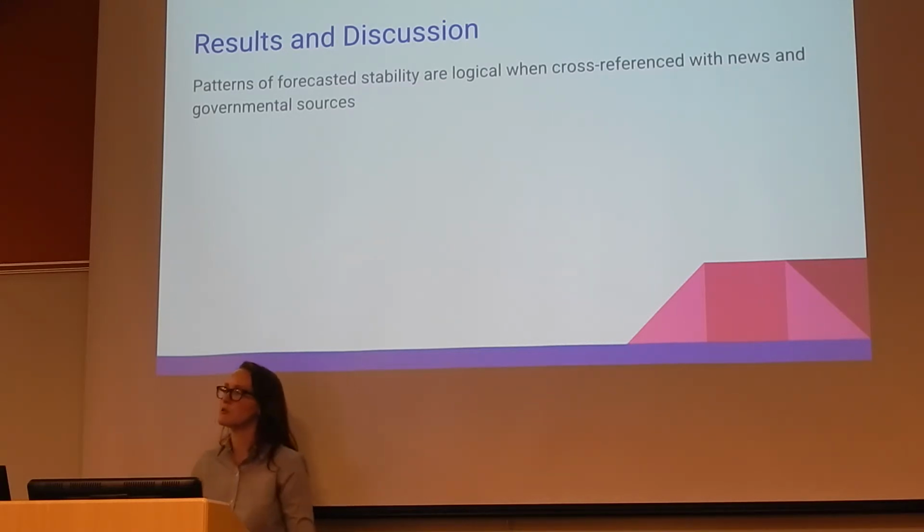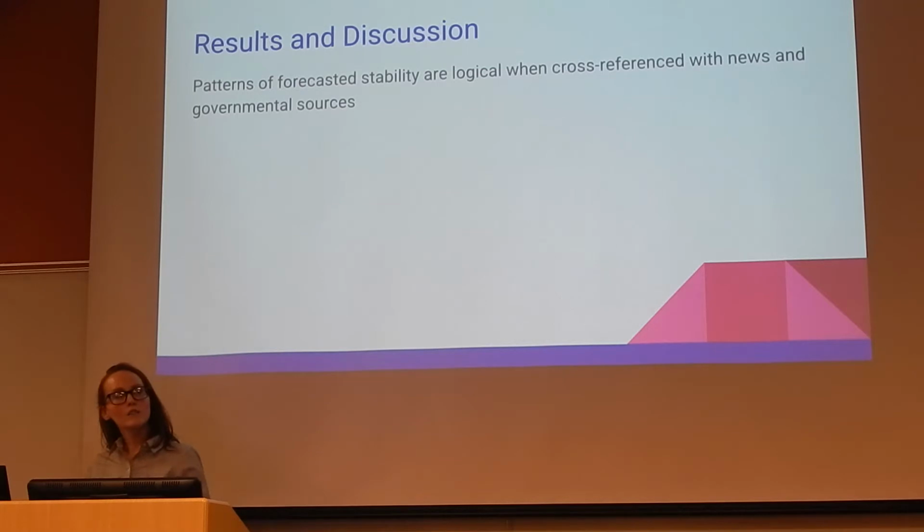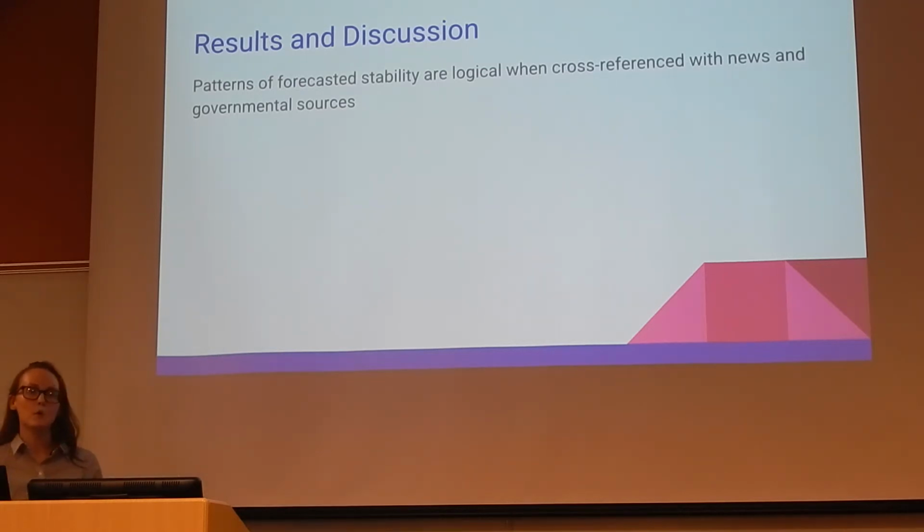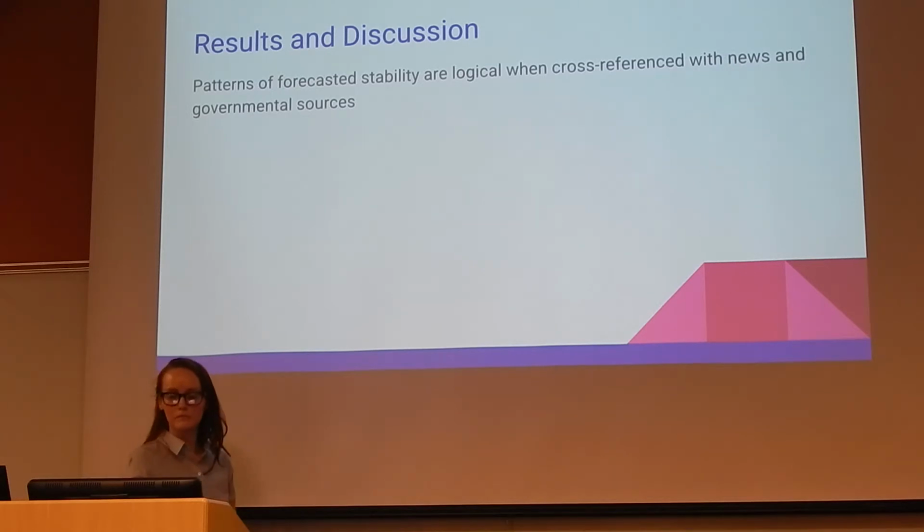So the countries that are showing up as more stable are also pretty much internationally known as being more stable, at least contextually, on the African continent. Countries that are more volatile, that's also being shown in geopolitical media.